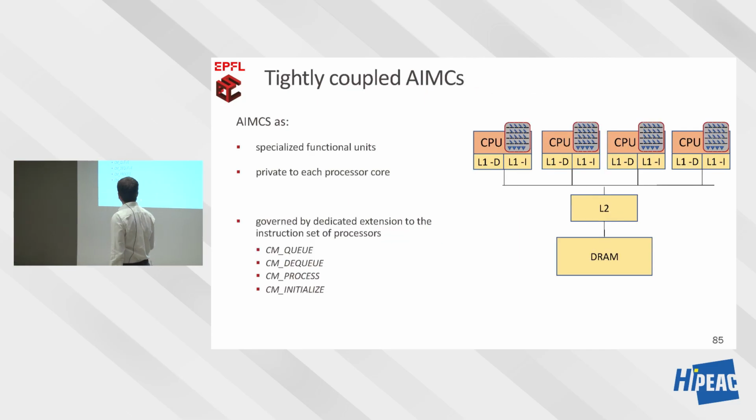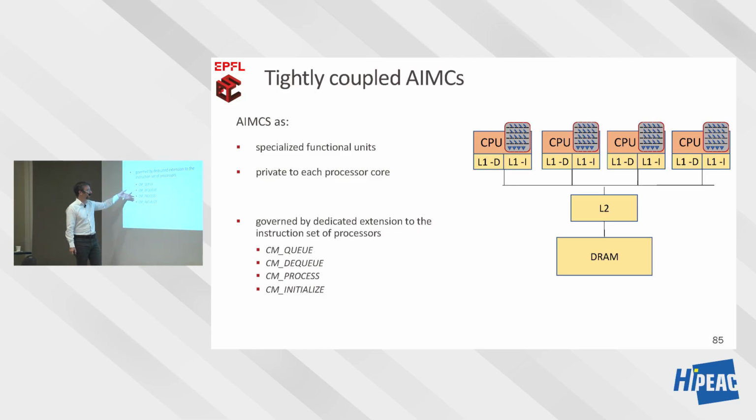How did we model this thing? Again, with custom instructions. In particular, an instruction which queued the input, one which dequeued the output, one which initialized the processing on the crossbar, and one which finally initializes the values of the variable resistances.